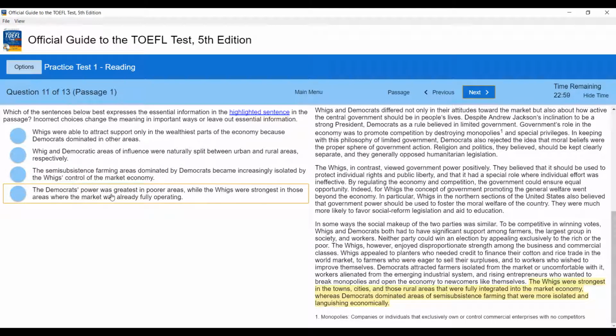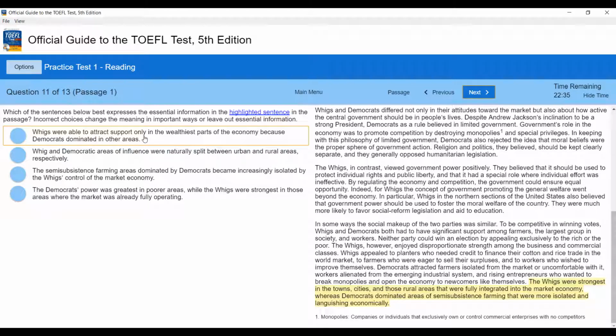The Democrats' power was greatest in poorer areas, while, so there's a contrast word, the Whigs were strongest in those areas where the market was already fully operating. So I guess I would go with D. Let me go back to A. Whigs were able to attract support only in the wealthiest parts of the economy because Democrats dominated another.